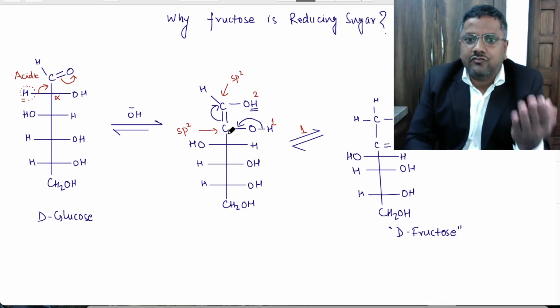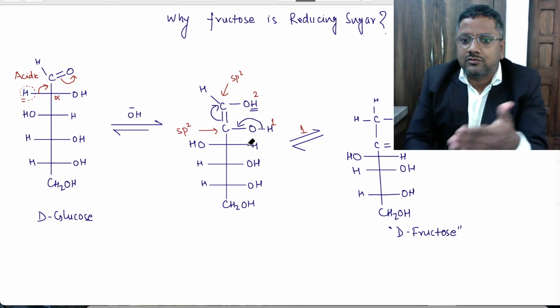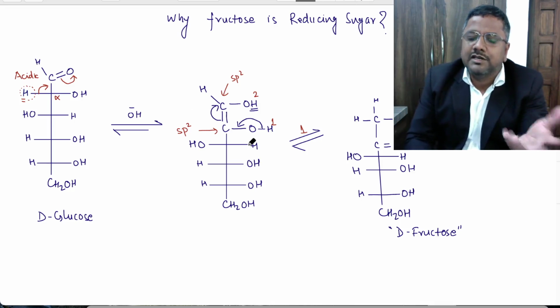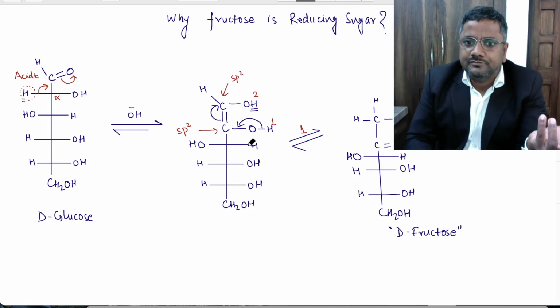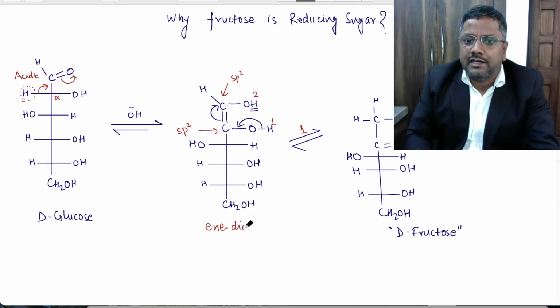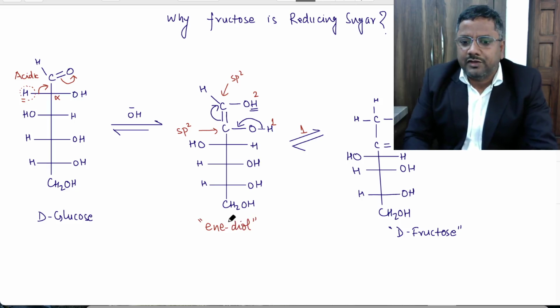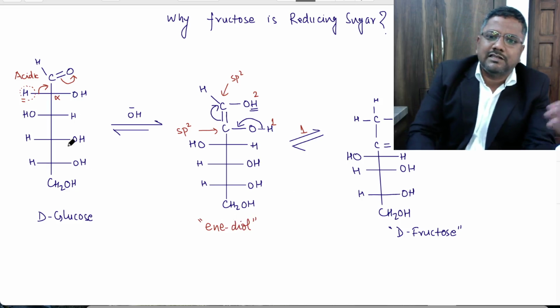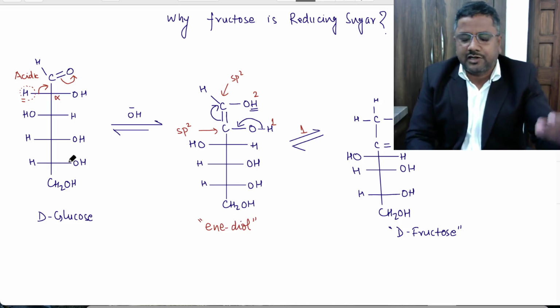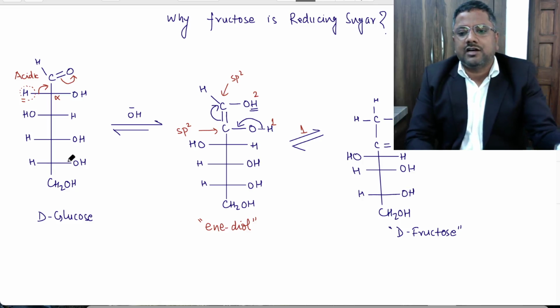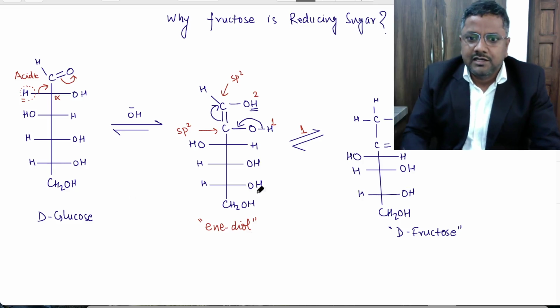And this is the reason why glucose, fructose, mannose all form the same osazone also, and all are reducing. If you are starting with fructose, this fructose will convert to this enediol. This is called enediol, right? So this fructose is converted into enediol and then into glucose, and this glucose causes the reduction of Tollens and Fehling, right?